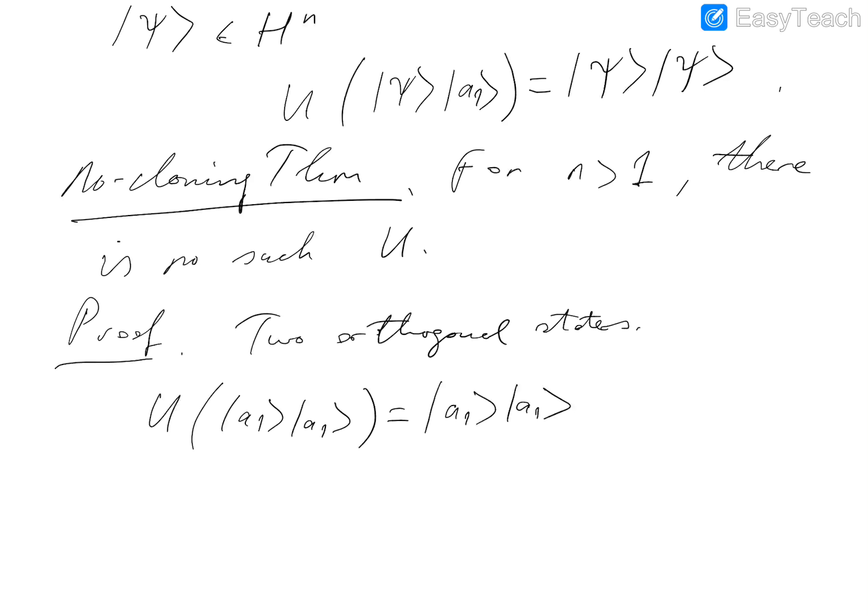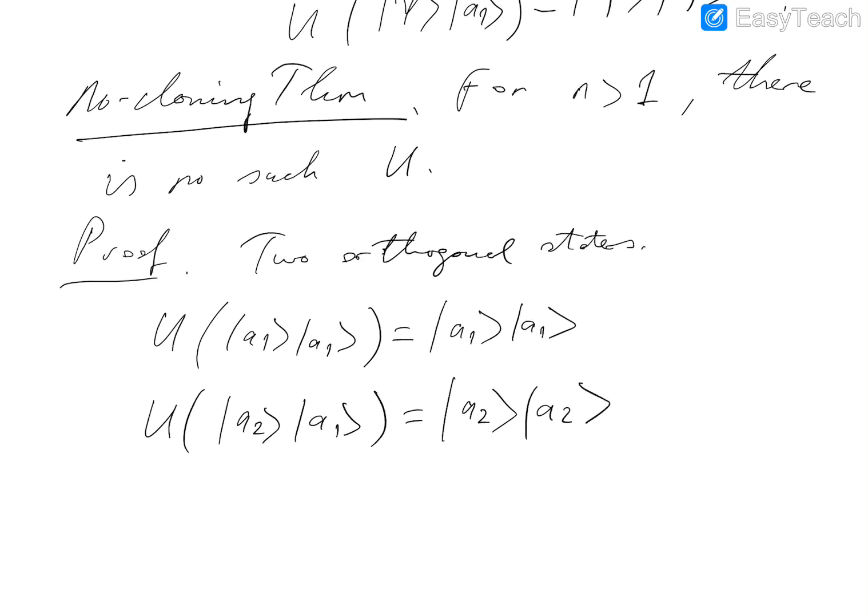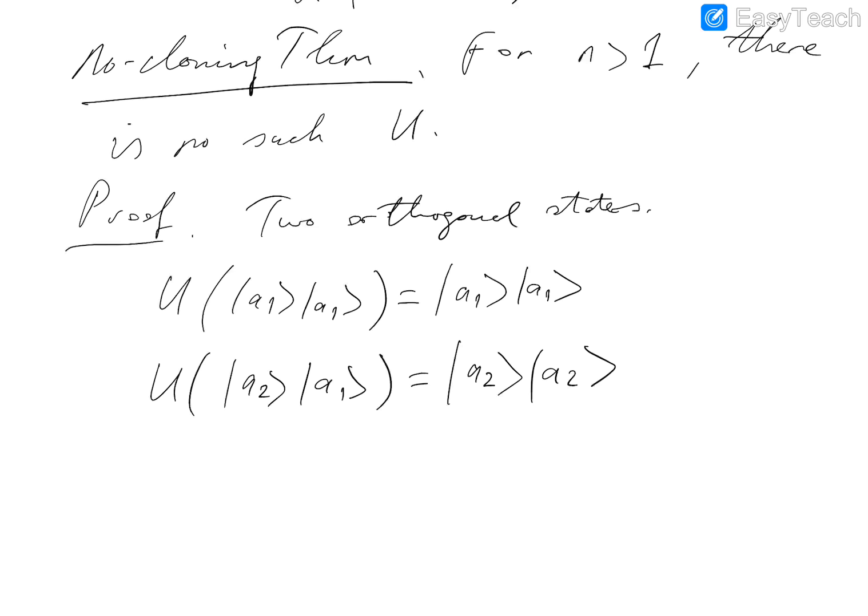It copies A1 over A1, okay, assuming that A1 is the blank sheet state. And U of A2 A1 is equal to A2 A2. So it copies A2 over the blank sheet state A1. But suppose that we want to copy a superposition.